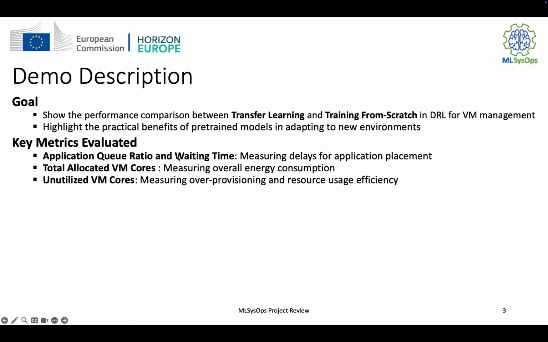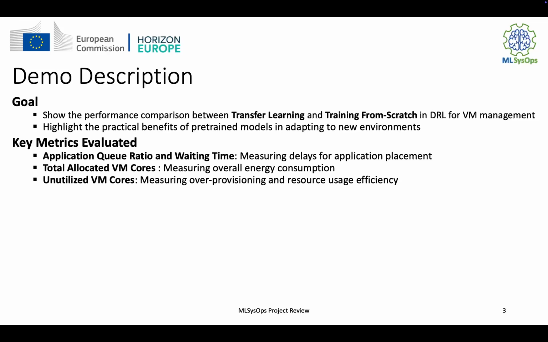In order to measure the performance differences, we have three different metrics. The first one is the application queue ratio. So at each moment in time, how many applications that have arrived are actually waiting. We also measure the actual waiting time in seconds of these applications. The other metric is the total allocated VM cores.